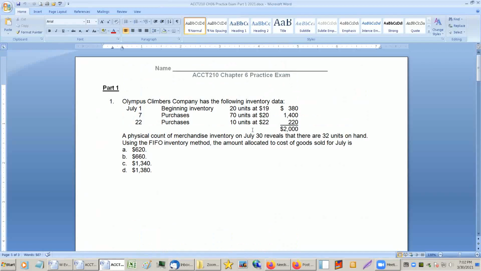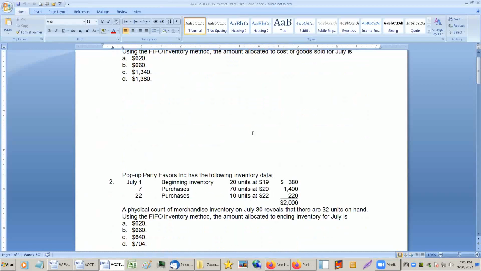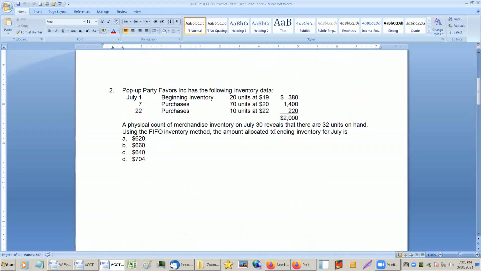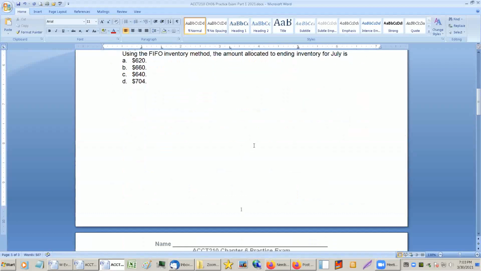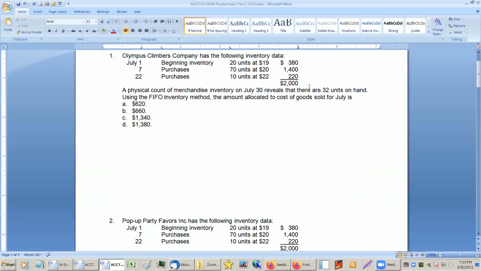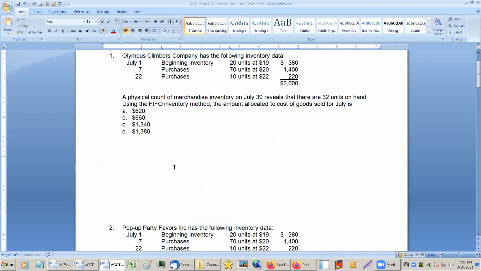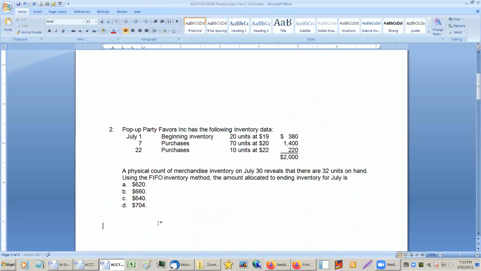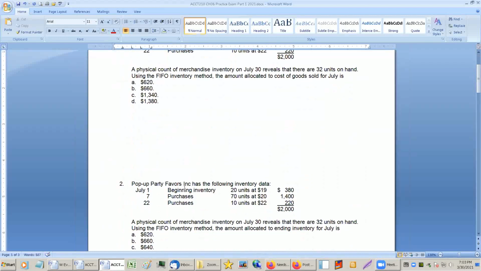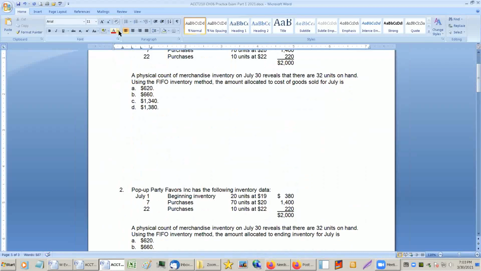There are 2 parts to it, part 1 and part 2. On the first page we get a chance to vote on these.